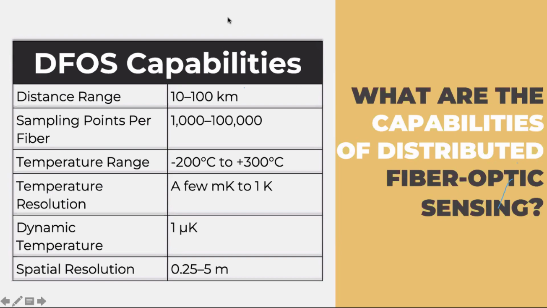The temperature range is also very wide. We also have some abilities to cover an even higher temperature range than this one, but this is a typical one. The spatial resolution can be adjusted from 0.25 to 5 meters. That's a typical range. Let's move to the next slide.